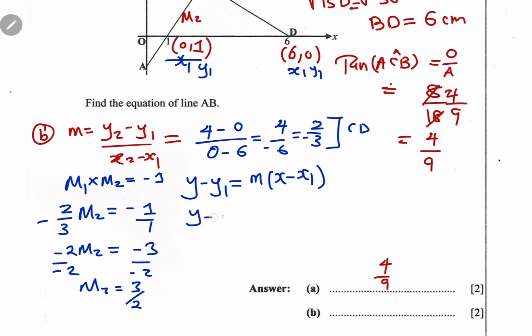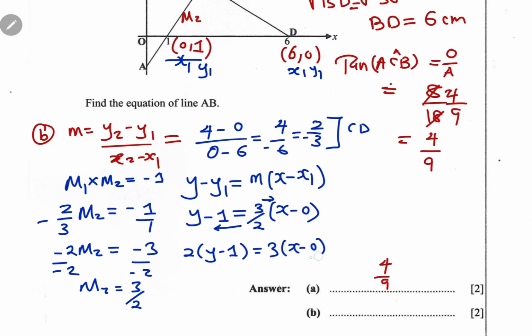So y minus 1 is equal to 3 over 2 times x minus 0. So we cross multiply, this multiplies that, this multiplies that. So 2 times y minus 1 is equal to 3 times x minus 0. So we have 2y minus 2 equal to 3x.